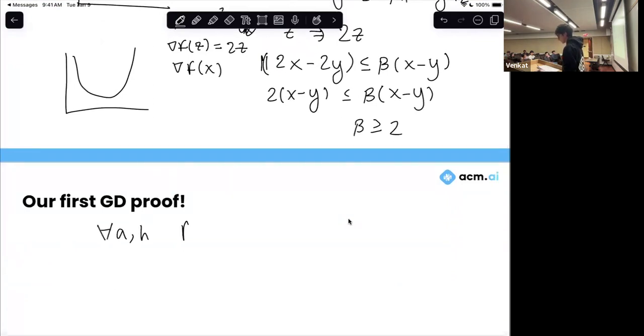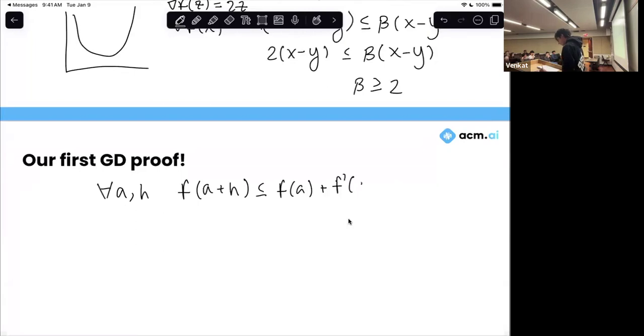And all that says is we will never be increasing past a certain value within any difference. And this is the smoothness upper bound. F prime of... So basically what this is saying is our function value here will always be less than this value. We can never go past this value.